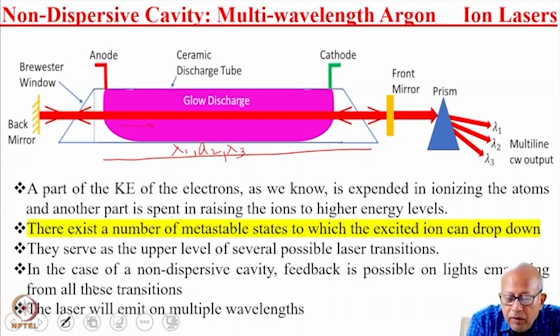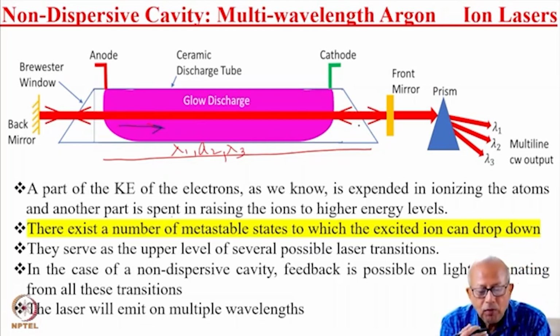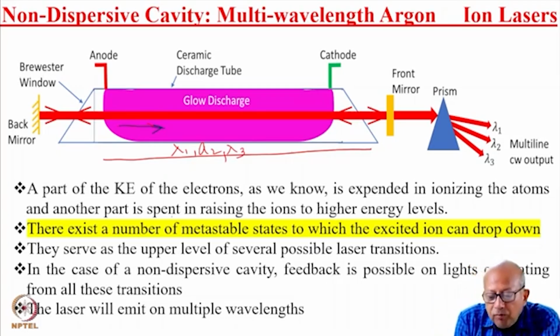and spontaneously emitted photons from all these wavelengths, when they travel along the axis of this cavity, work as the seed photons for the stimulated emission to take place. Then stimulated emission begins and amplification of light occurs on all these 3.